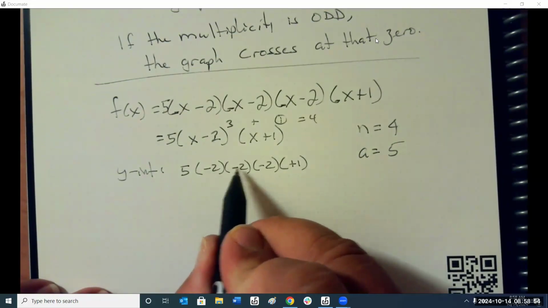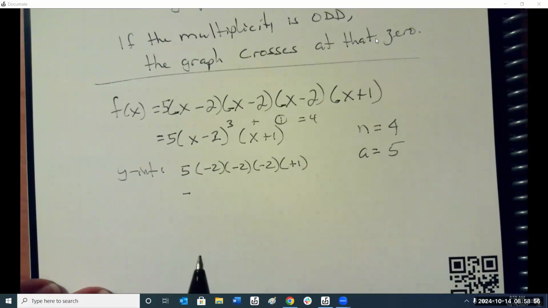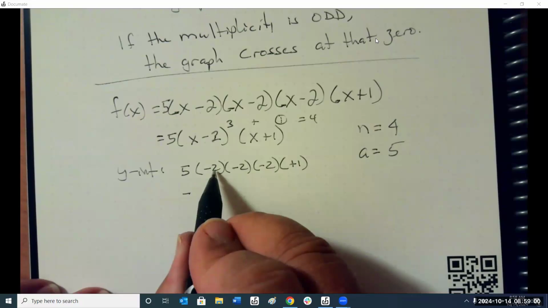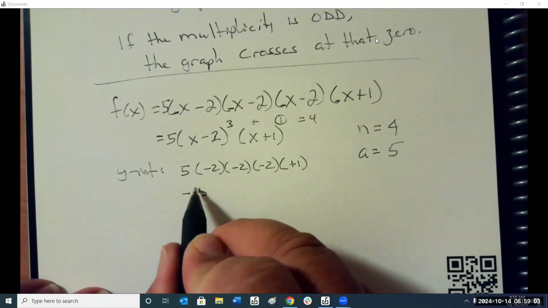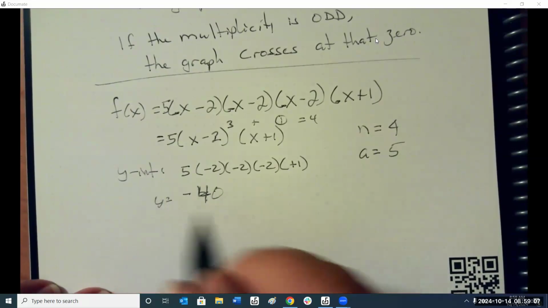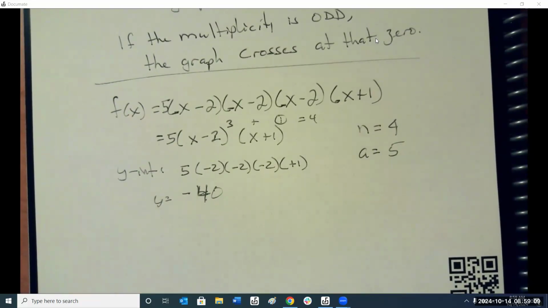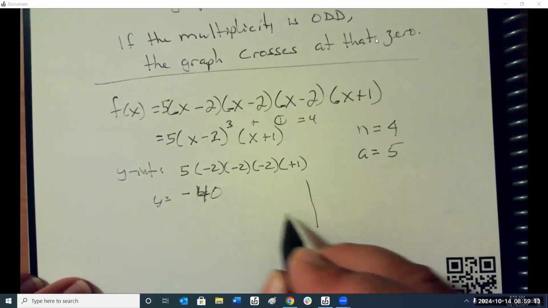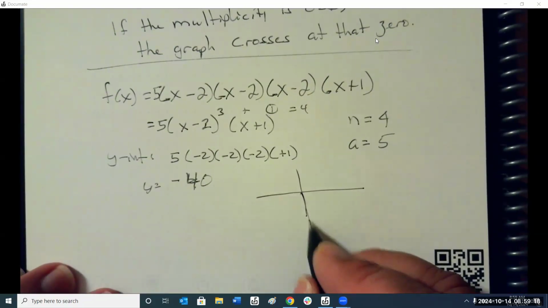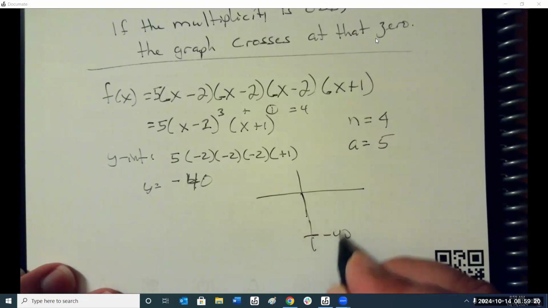Negative times negative is positive, times negative 2 is negative. 2 times 2 is 4, times 2 is 8. 8 times 5 is 40. So the y-intercept was at -40. So at -40, we have a y-intercept.